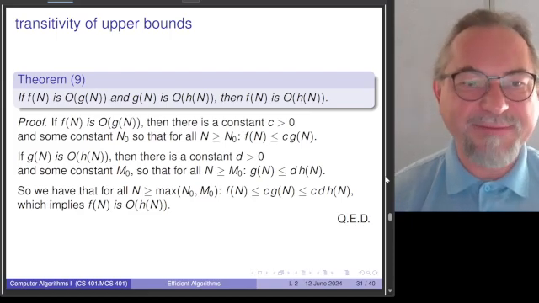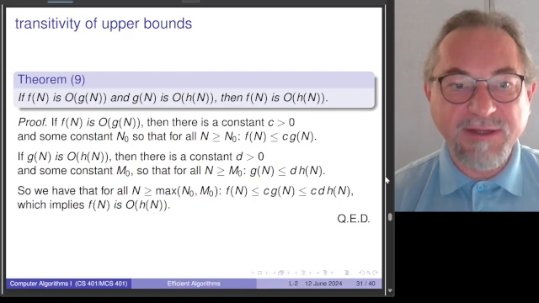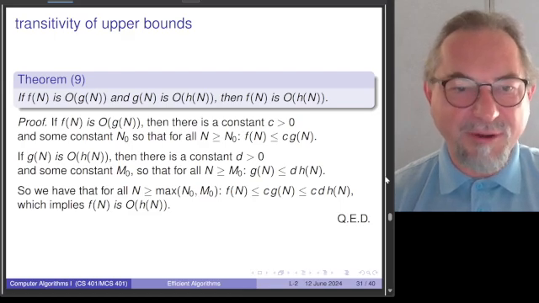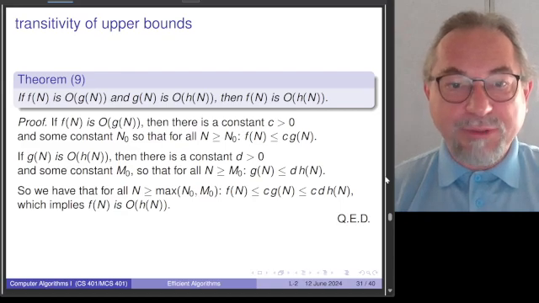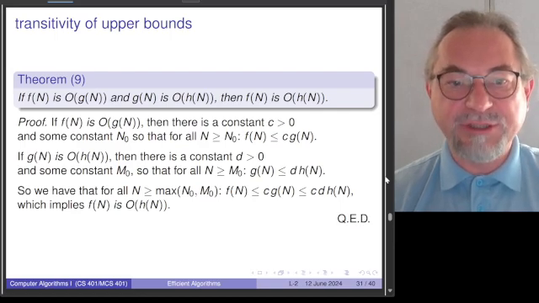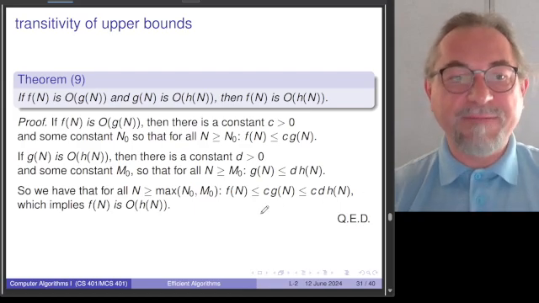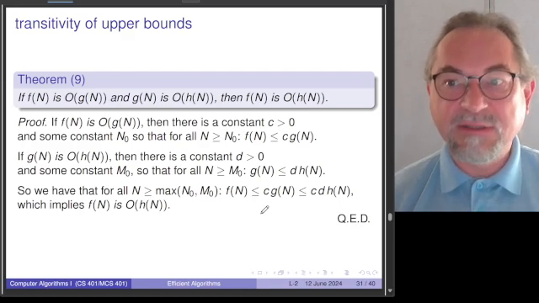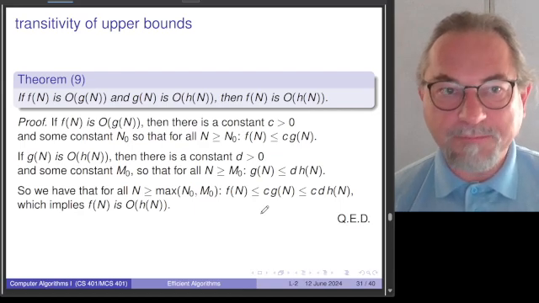Then we have to arrive at the conclusion. What we do is we pick the largest value. I could have worked with another upper bound, but we take the maximum of n naught and m naught. So we have these two properties: f is less than c times g of n, and g of n is less than d times h of n. Putting everything together implies the statement of the theorem. Quod erat demonstrandum.